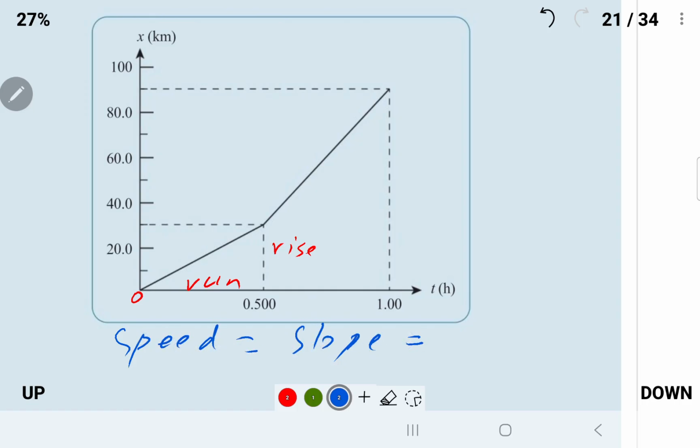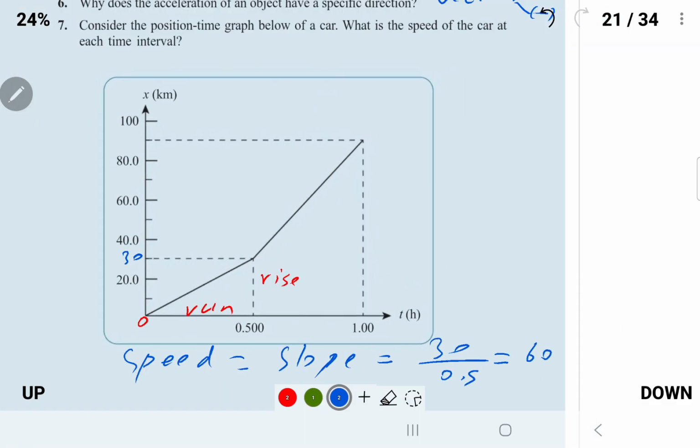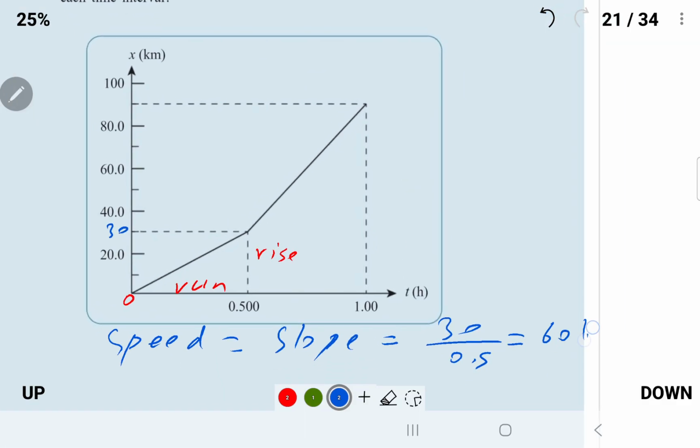The rise here is between 40 and 20, which is 30. So we divide 30 by 0.5, and that would be 60. The unit here is kilometers per hour, because the y-axis is kilometers and the x-axis is hours.